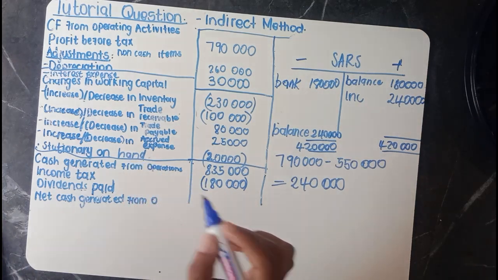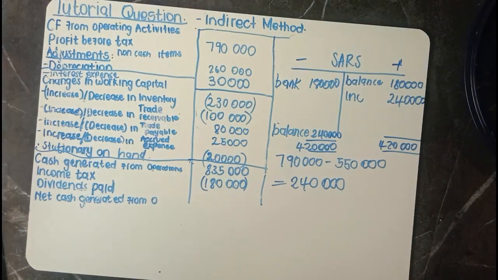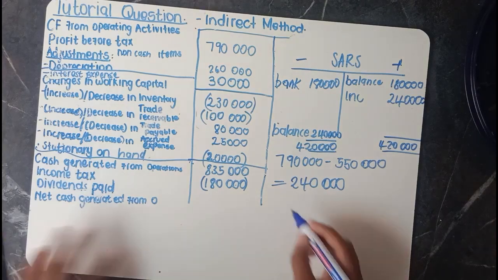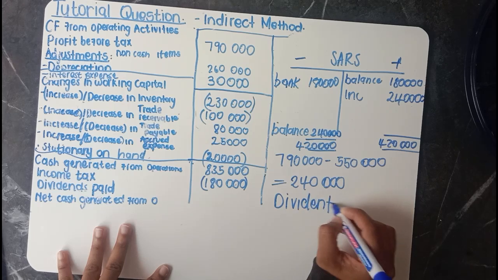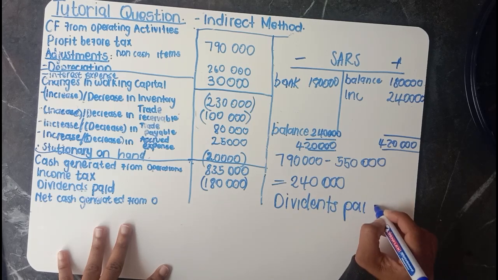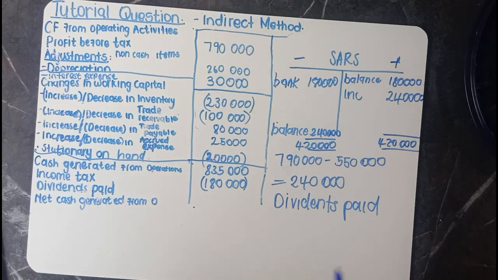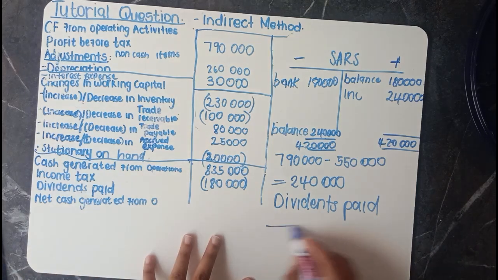Okay, let's move on. So now we have our dividends paid. What we're going to do is open a T account again.